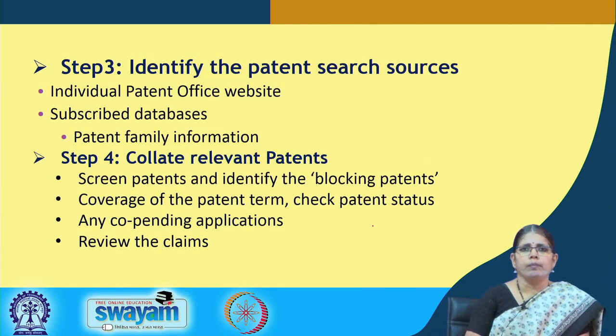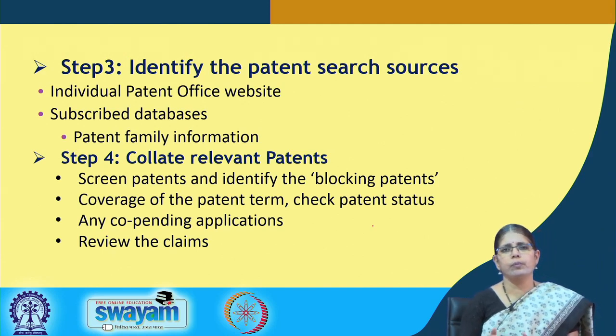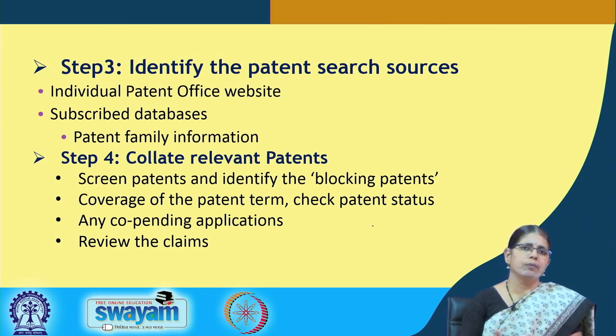The third step is the identification of the patent search sources. Again, depending on the geography where you are looking at the relevant markets, those countries you will take up for the patent search. So, it could be a different set of patent offices that you are looking at.